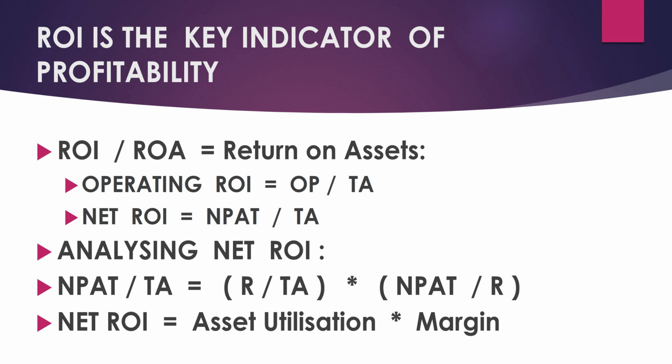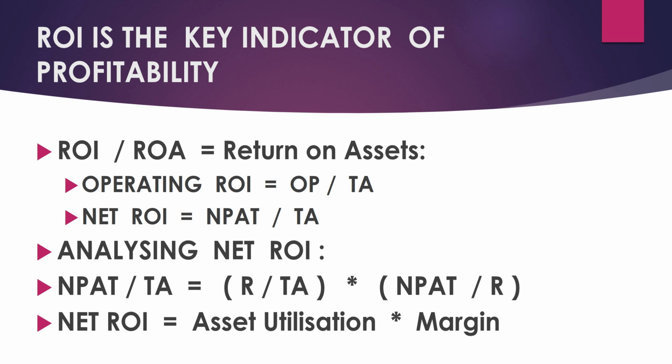So you see, once we have got the ability to generate sales and the margin of how much profits we take out of sales, we can bring that in and discuss the return on investment or return on assets. On the stock market, ROI means something slightly different from ROA, but for the purpose of financial analysis, we can take them to be synonymous.